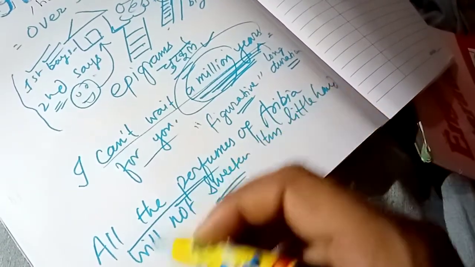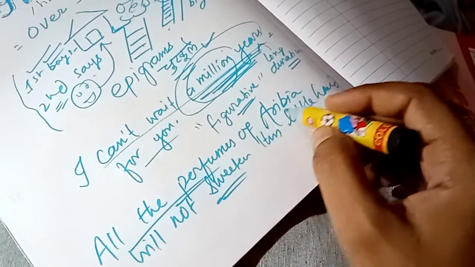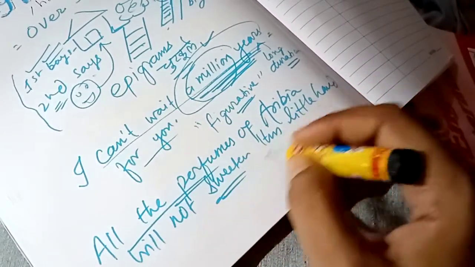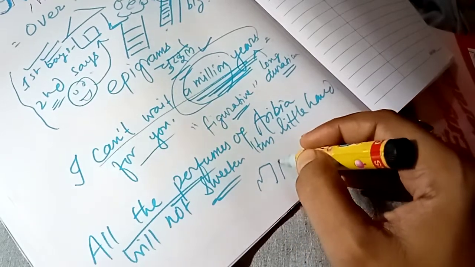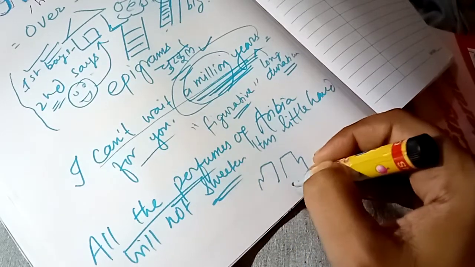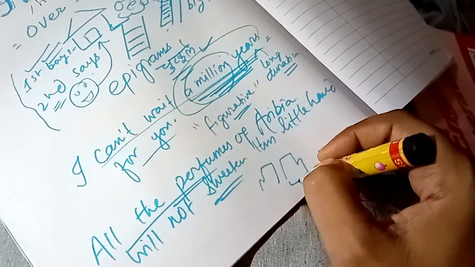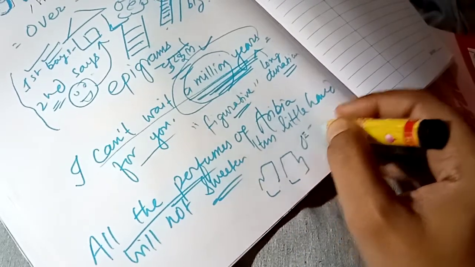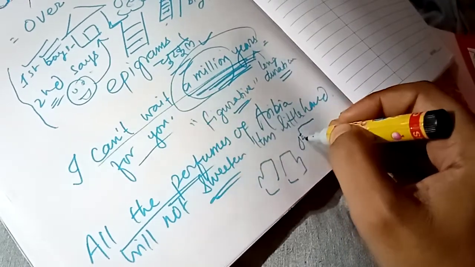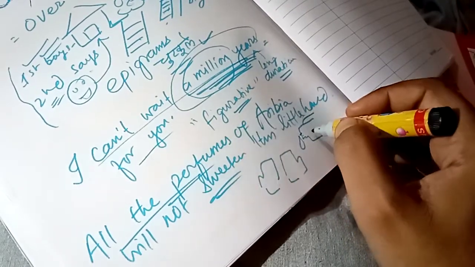The meaning was, all the perfumes of Arabia will not sweeten these little hands. She is having, or Macbeth is having, two little hands. Okay, and for those hands, a drop of perfume from the vial is enough.